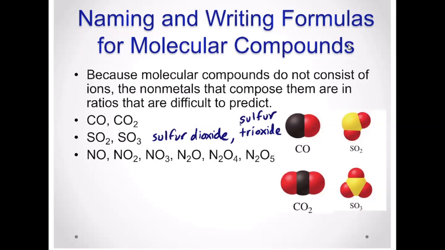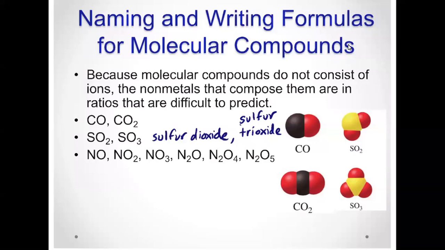Sulfur trioxide. And then look at all these compounds we have for nitrogen and oxygen. We have nitrogen monoxide, nitrogen dioxide, nitrogen trioxide.